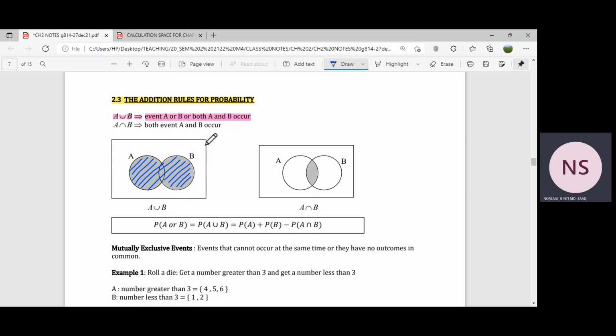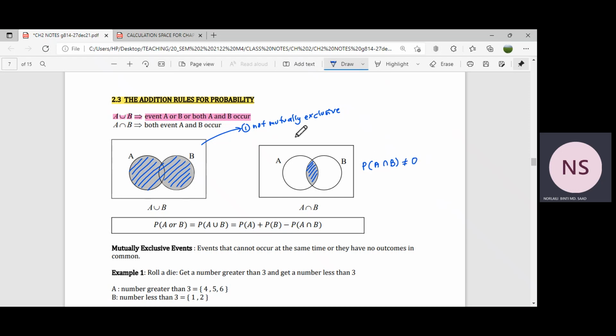In our case here, this is an example of a not mutually exclusive event. Why is it not mutually exclusive? Because here we have an intersection between event A and event B. The intersection of A and B is not equal to 0. The probability of A and B is not equal to 0.